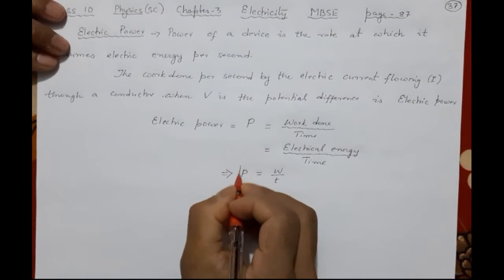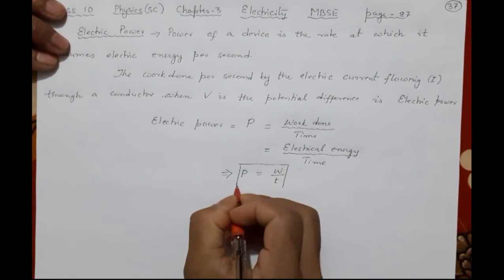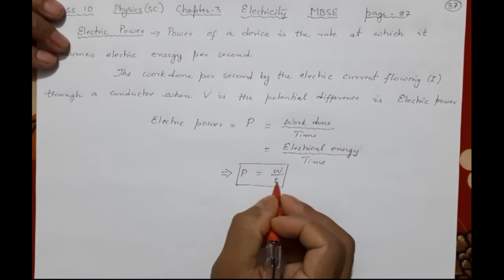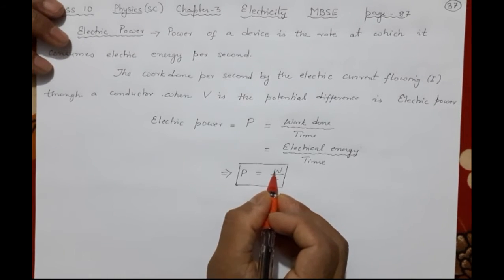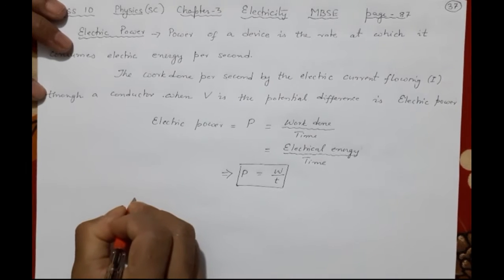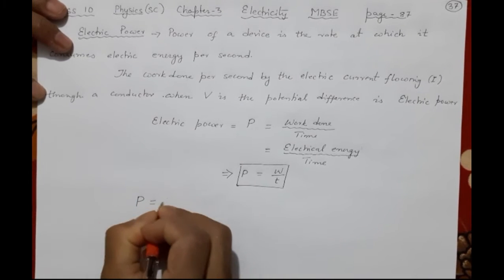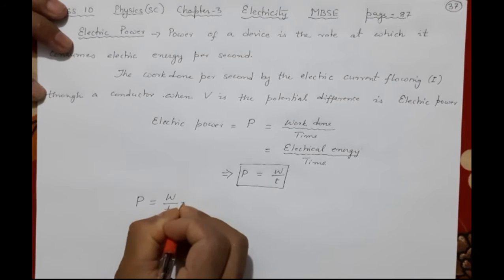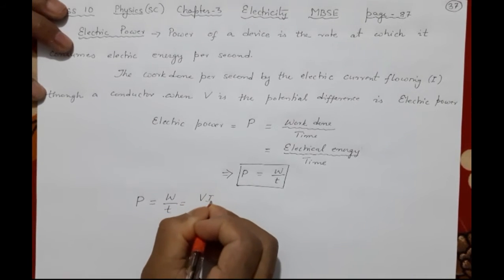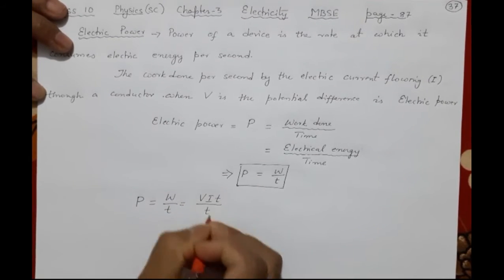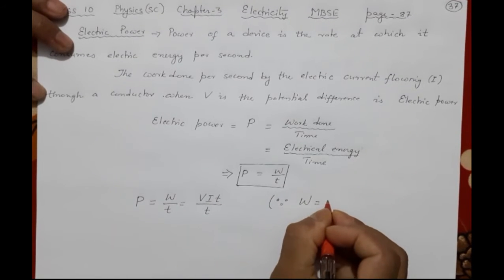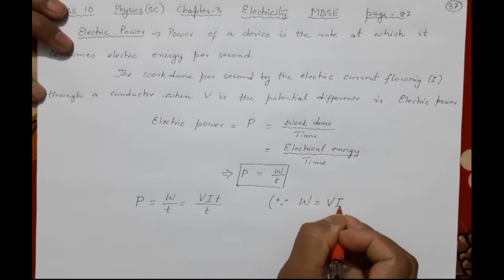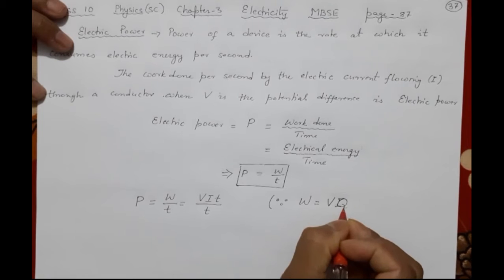Now after this, what you will do is very simple, only a change in the symbols. P is equal to W by T can be written as VIT by T. Why? Because W is equal to VQ.